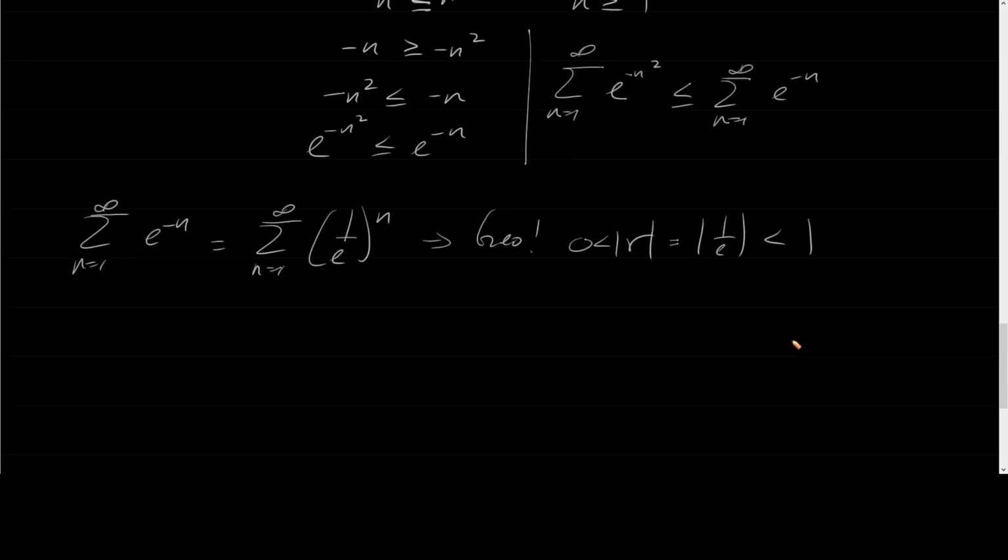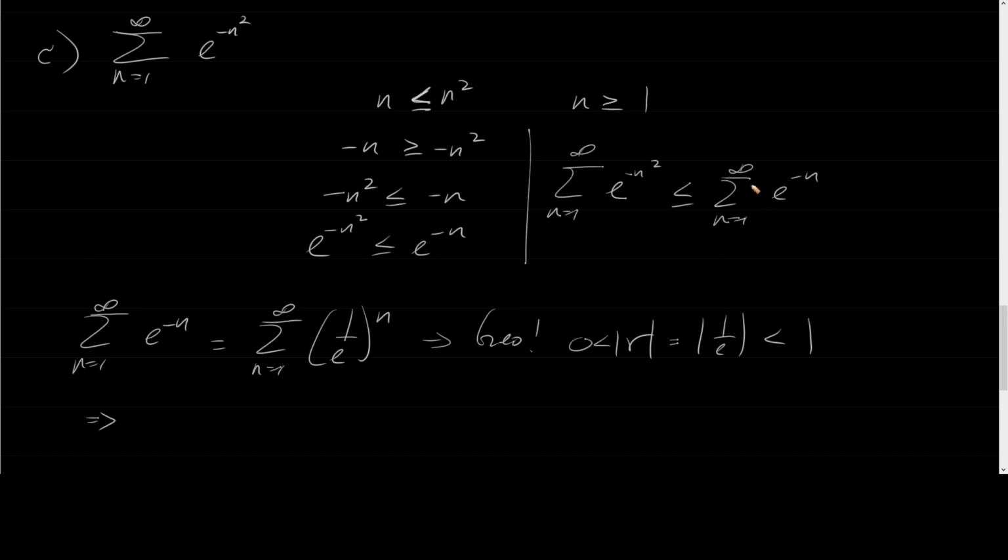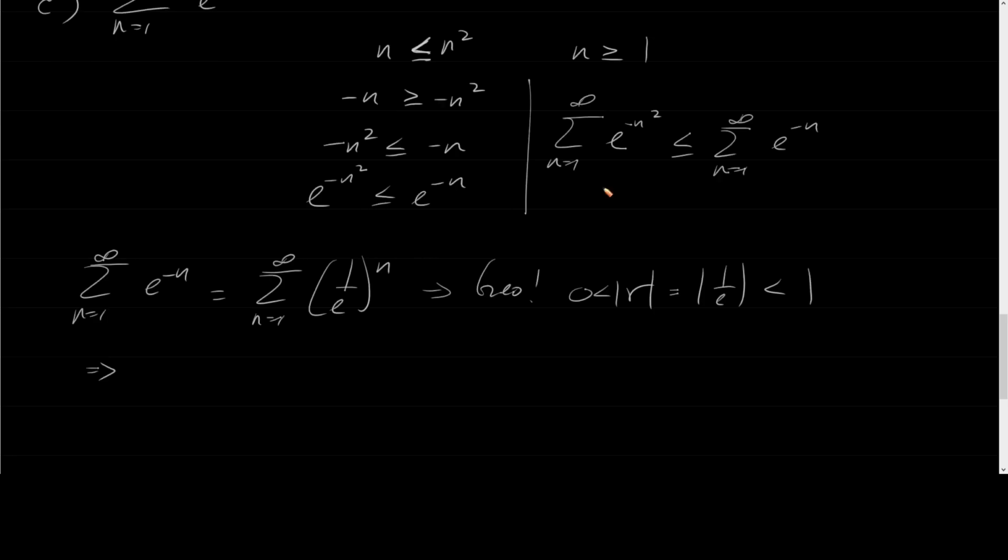So this tells us that this converges, and the one that we cared about was smaller than a converging one. So this is geometric and converges. So what we know now is that the one that we really cared about, e to the negative n squared, also converges by direct comparison.